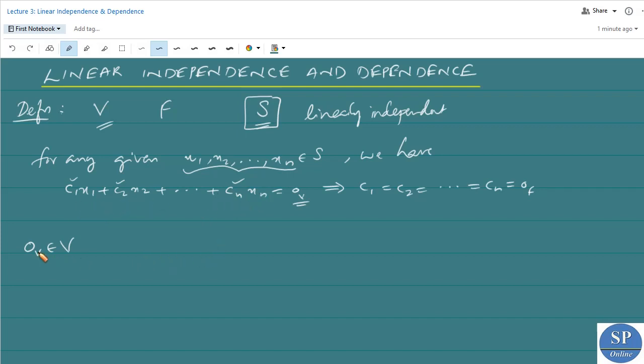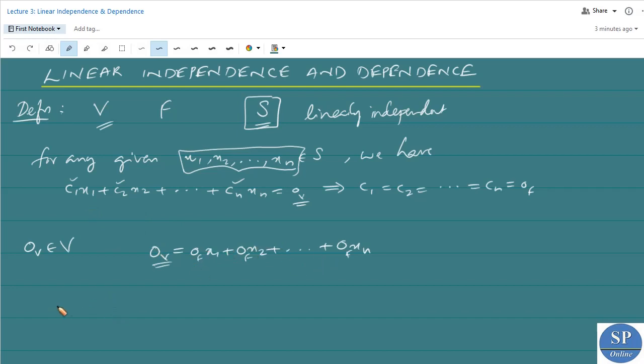That is, we can express this 0v only as 0 into x1 plus 0 into x2 plus etc. plus 0 into xn, where these zeros are 0 in F. That means we can express 0 in V as a linear combination of these vectors in only one way, such that each scalar is 0.